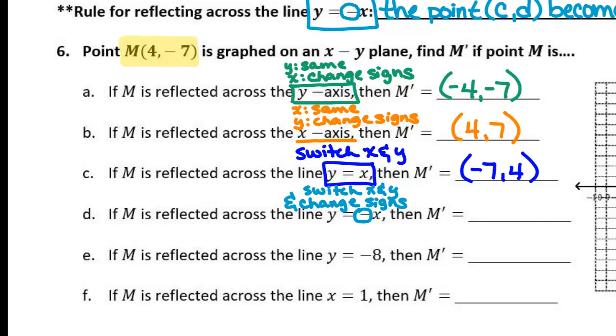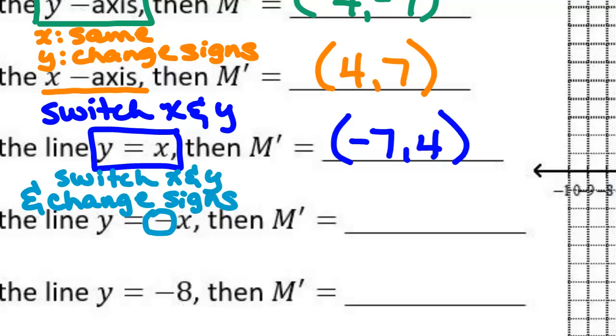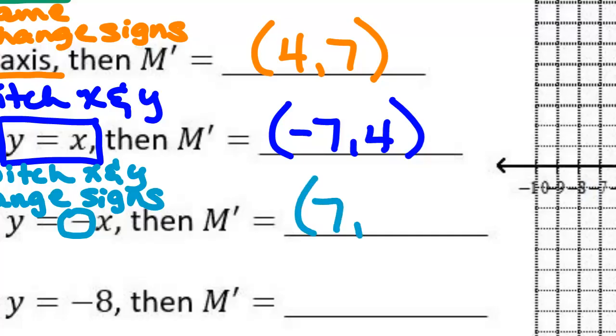So here I've already switched x and y. But I still need to do what to that if it's going to be over y equals negative x? Still need to change the signs. So what will M prime be here then? 7, negative 4, yes. 7, negative 4.